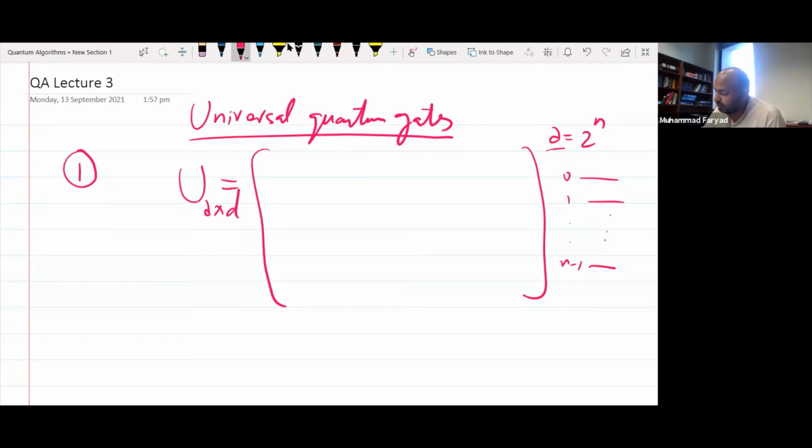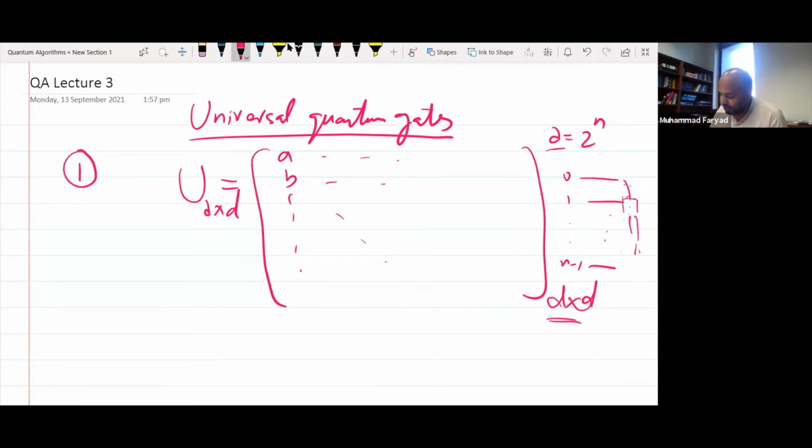So any general unitary transformation that is composed of different types of gates, any combination you can think of, can be represented by ultimately a d by d matrix that transforms the inputs to the output. So this is a general d by d unitary transformation, which represents any quantum algorithm.